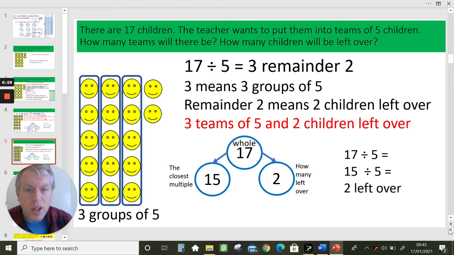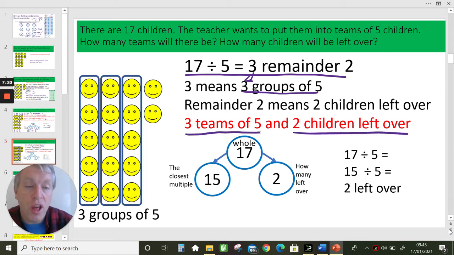It's worth just reminding ourselves what those numbers mean. 17 divided by 5 equals 3 remainder 2. The 3 means 3 groups of 5, 3 teams of 5. And the 2 means 2 children left over.